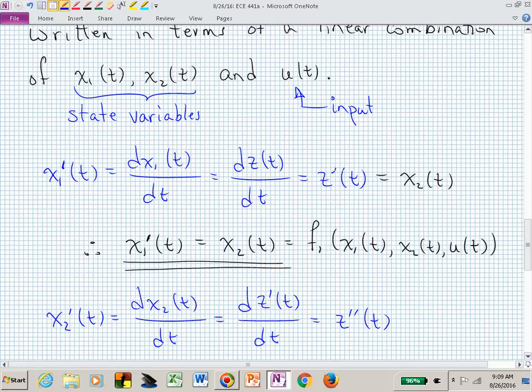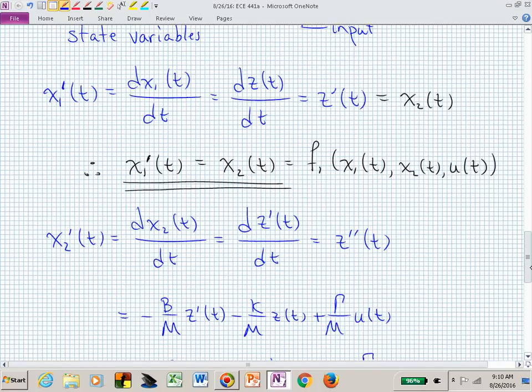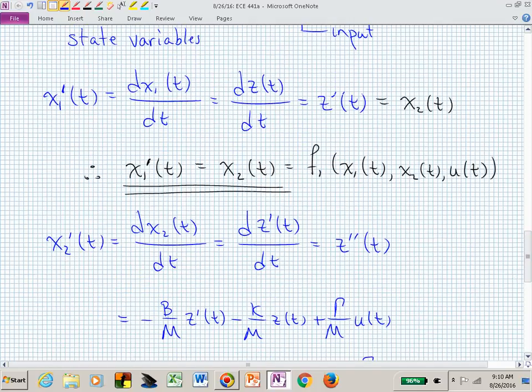For x2 prime, we do the same thing. We differentiate x2 once, and that now is the first derivative of the velocity in this particular case, which is the acceleration. And we can't leave that acceleration on the right-hand side. We need to rewrite that in terms of x1, x2, and u. Well, z double prime was what we had solved for originally.